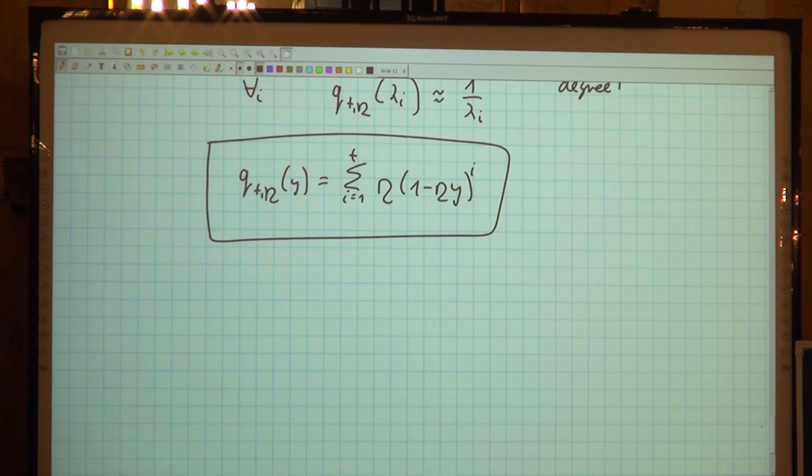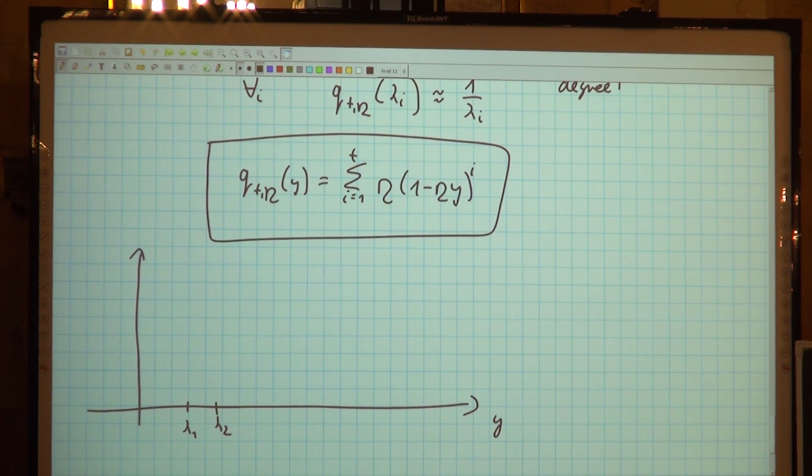Okay, let's try to understand geometrically what we are trying to do. Here we have the y space, with these special points lambda 1, lambda 2, and somewhere here lambda n. And somewhere here is the inverse function, which looks something like that.